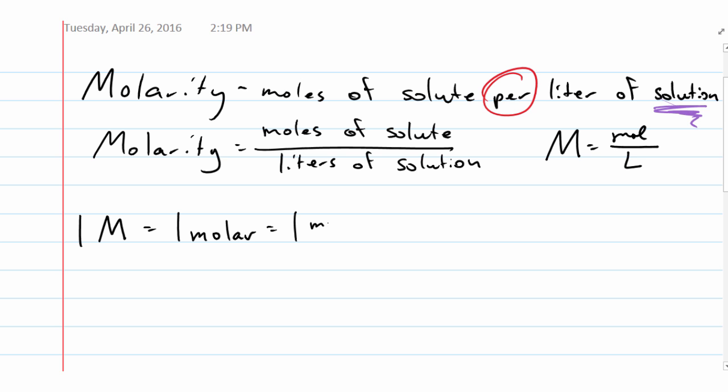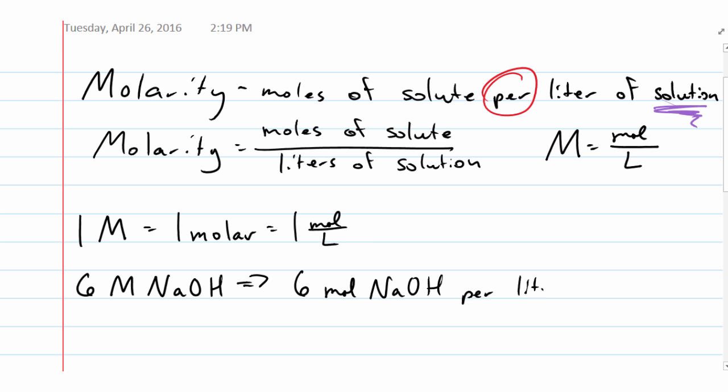And then we would label it as 1 mole per liter. So if we see a label that reads like this and you encounter it in the lab, and we want to know what this stands for, this would stand for 6 moles of NaOH per liter of solution.